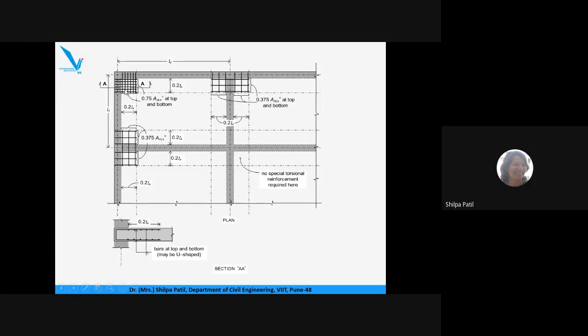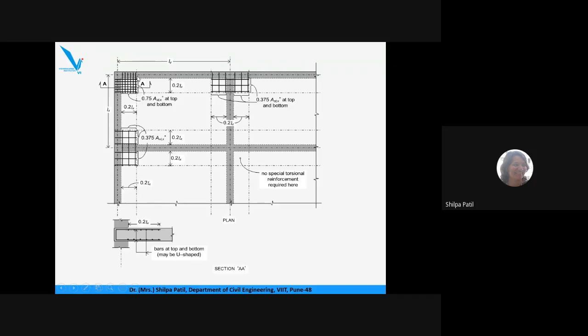So if you consider a cross section, it will look like this. Okay, so there are the bars in a grid format at the top and the bars in the grid format at the bottom. Either these two meshes are provided separately, or sometimes a U-shaped mesh may also be provided. Okay, so this is provided at the corner where both the edges are discontinuous.